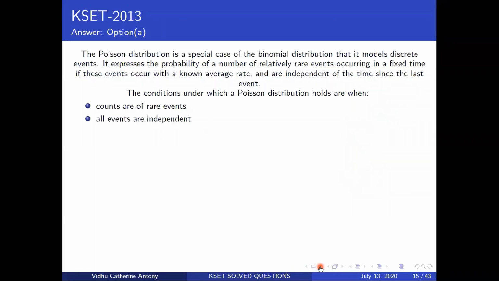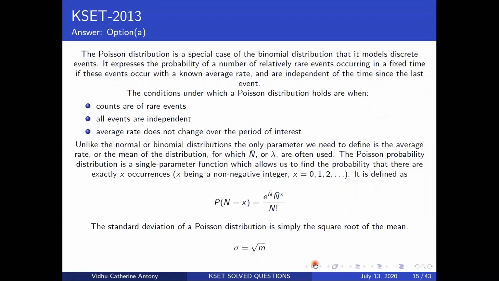So here the counts are rare events, all the events are independent, and the average rate does not change over the period of interest that you're considering. Period of interest as in your experimental time or whatever. Unlike the normal and binomial distributions, here the only parameter that we need to look at is the average rate.